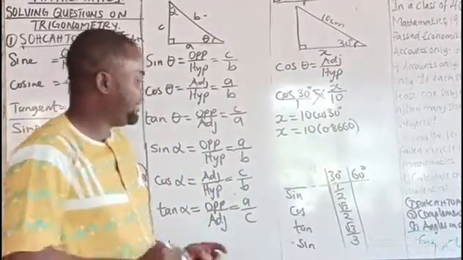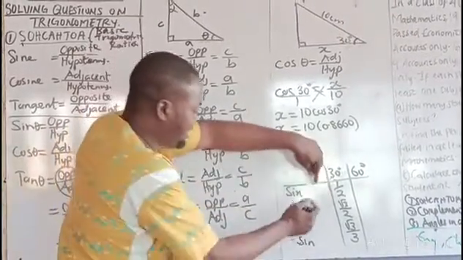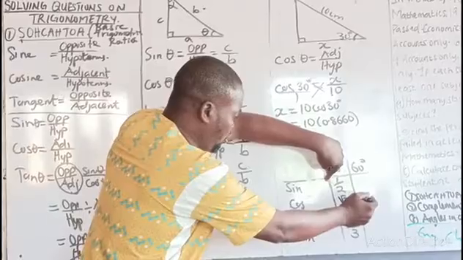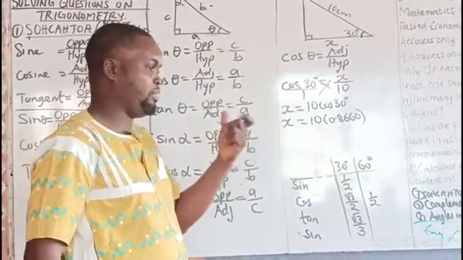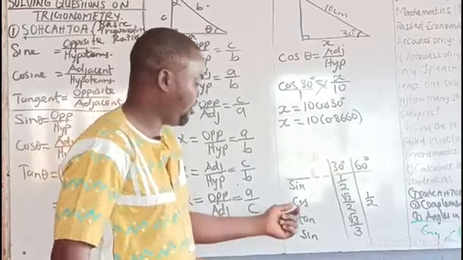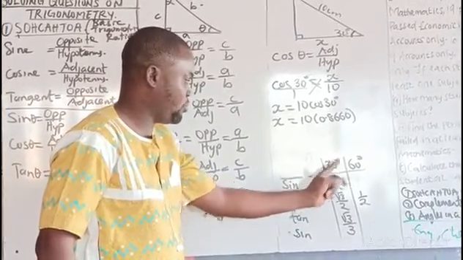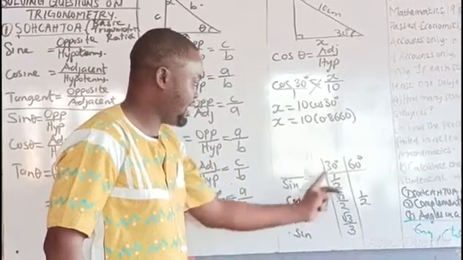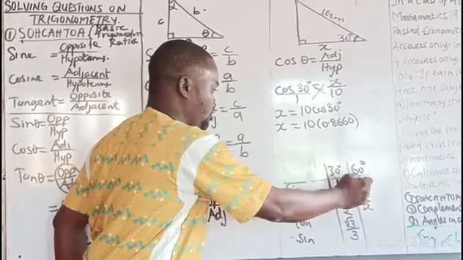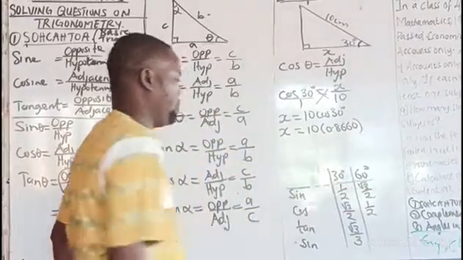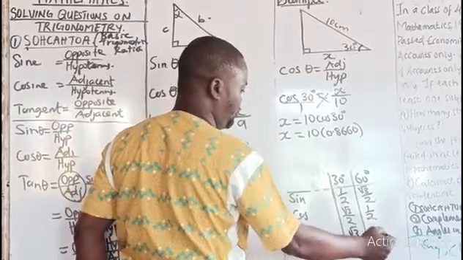That means if sine 30 is 1 over 2, cos 60 will also be 1 over 2. Cos 30 is root 3 over 2, which means sine 60 will be root 3 over 2. What is tan 60? Root 3.